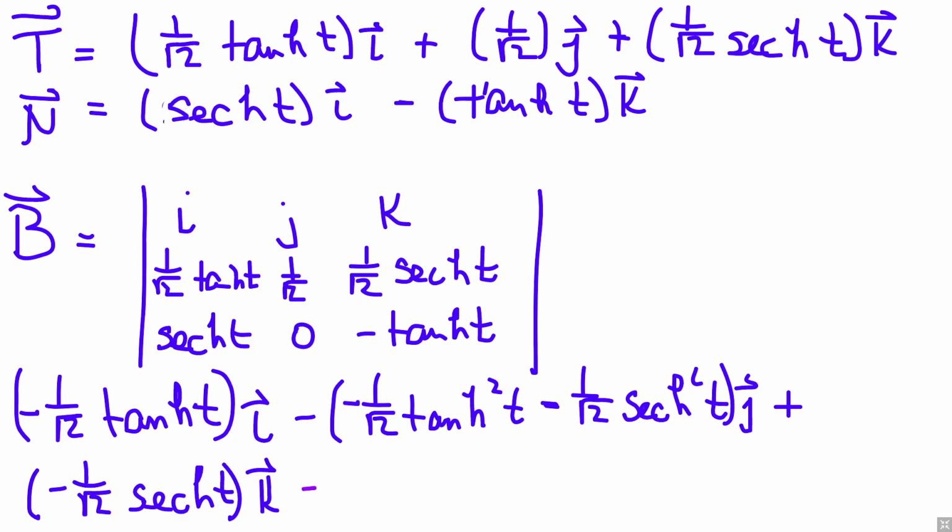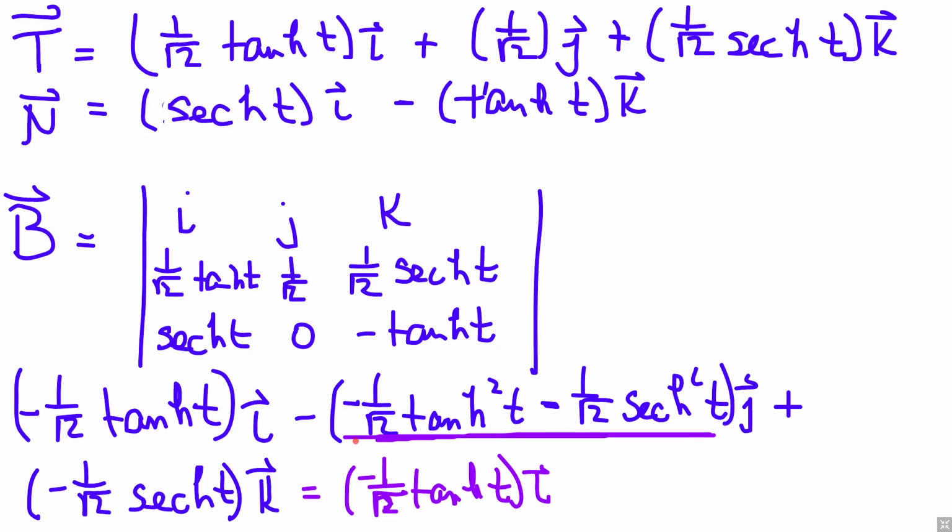Now, we can clean this up a little bit. The first component stays as it is. There's nothing you can do about that. Now, for this middle component, what is it actually equal to?